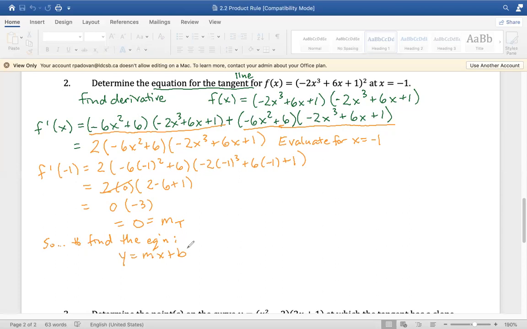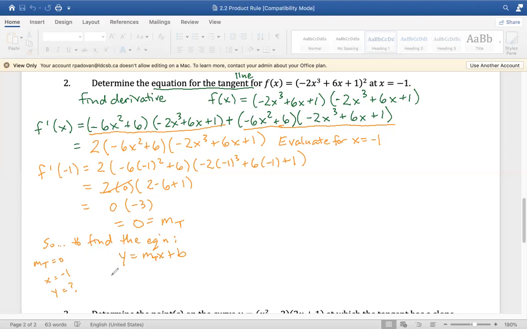What information do I have? Okay, so I'm given the slope of the tangent line is 0. I'm given that x is negative 1. So here, slope of the tangent line is 0. X is equal to negative 1. In order to solve for y, I need to sub negative 1 into my original function.